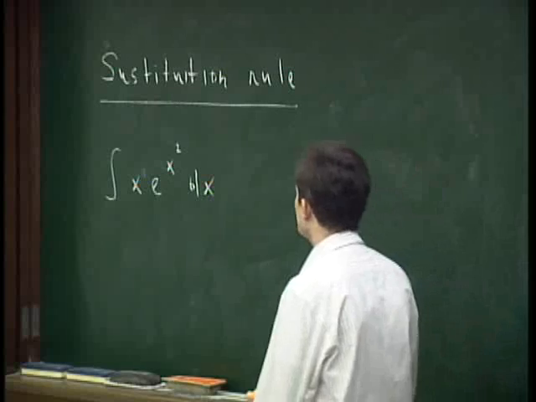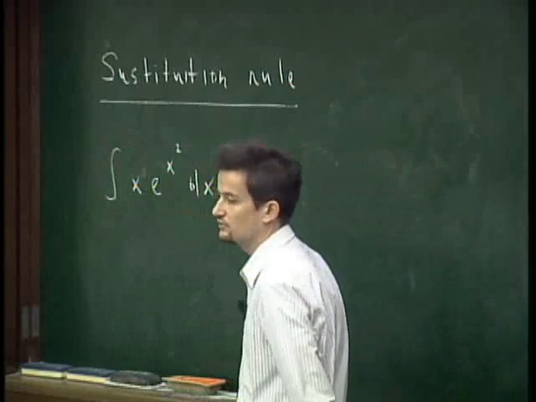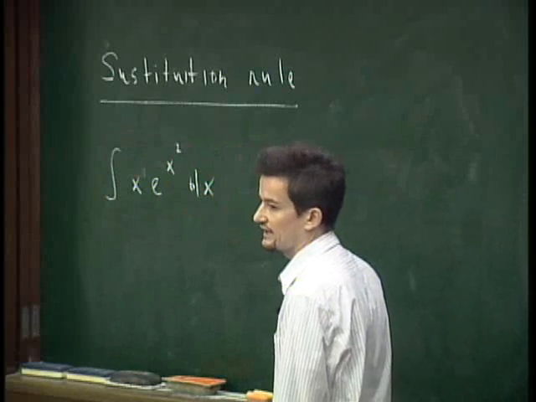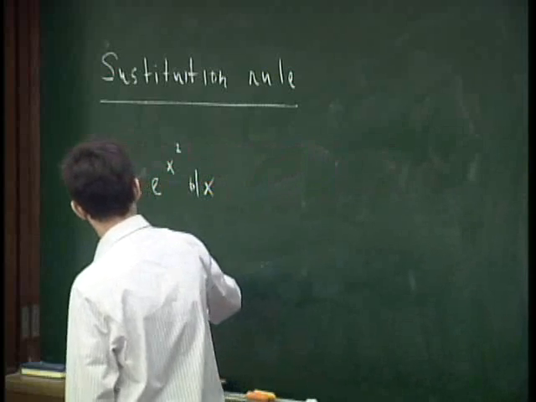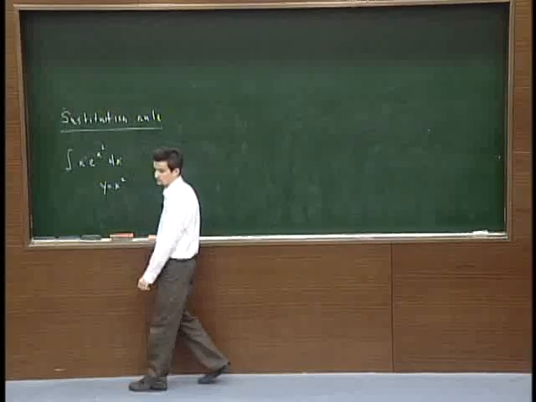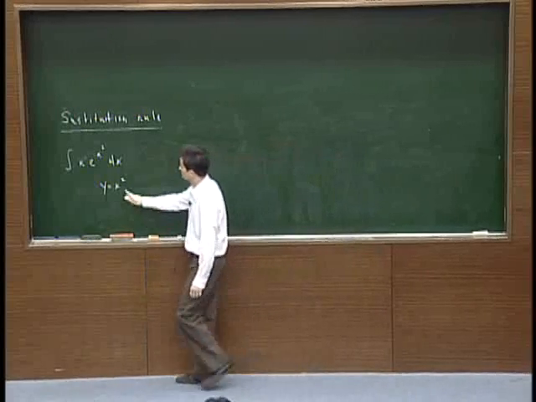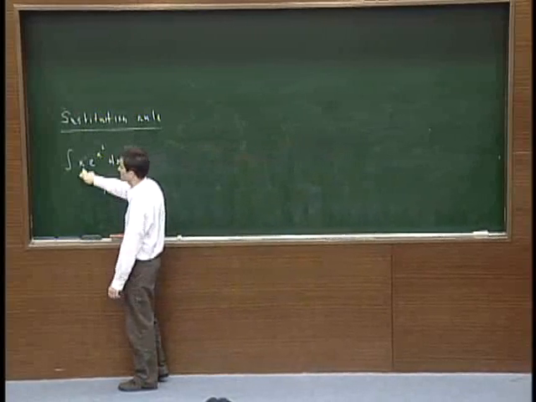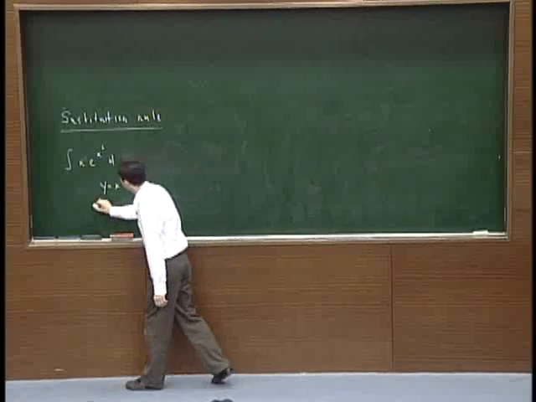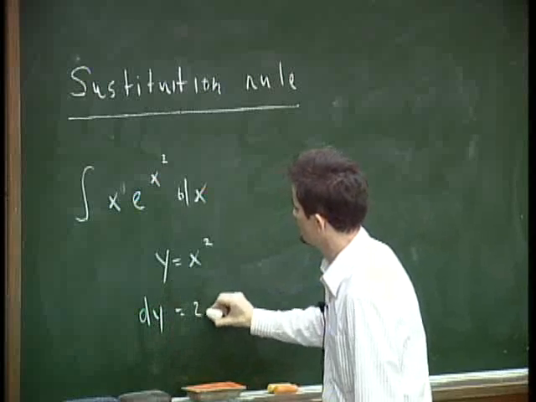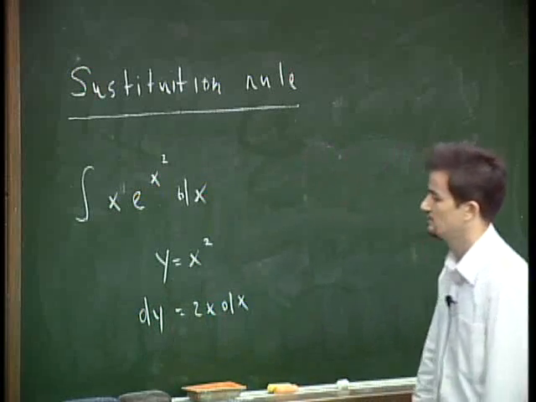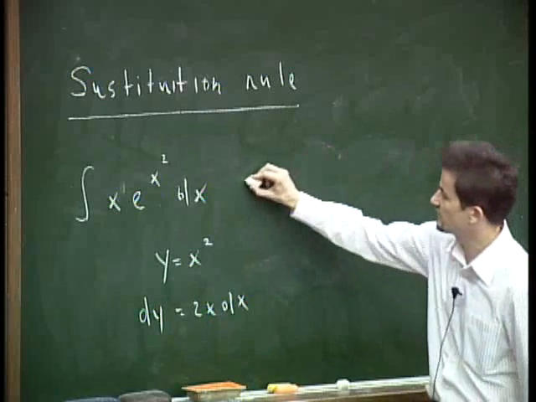Now, here maybe in high school you have already learned how to solve something like this. So you write y is equal to x squared. So you substitute, you introduce a new variable y. Now this makes sense because the derivative of x squared is essentially this one. So you see that dy is equal to 2x dx. Okay. Now you plug everything in.